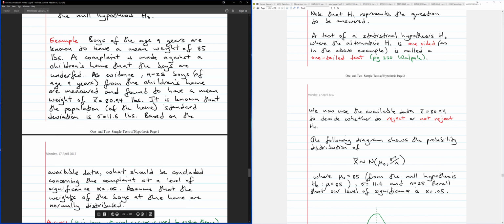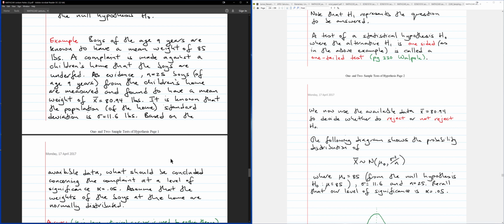That's because you're told that the weights of the boys are normally distributed. If you have a random variable representing the weight of a single boy, and then you form your sample mean, if the individual random variables are normally distributed, then the sample mean is also normally distributed when your standard deviation is known.